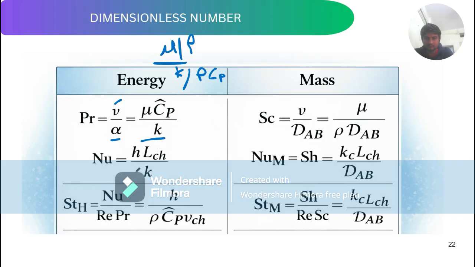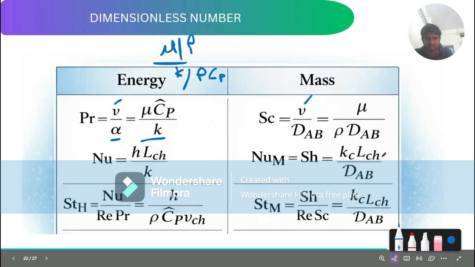The Nusselt number, as derived from the previous slide, is H LCH upon K. The Schmidt number is the ratio of momentum diffusivity upon mass diffusivity, so this comes out to be mu upon rho DAB. The Nusselt number in mass transfer, or Sherwood number, as seen from the previous slide, is Kc LCH upon DAB, where DAB is the diffusivity and LCH is the characteristic length.